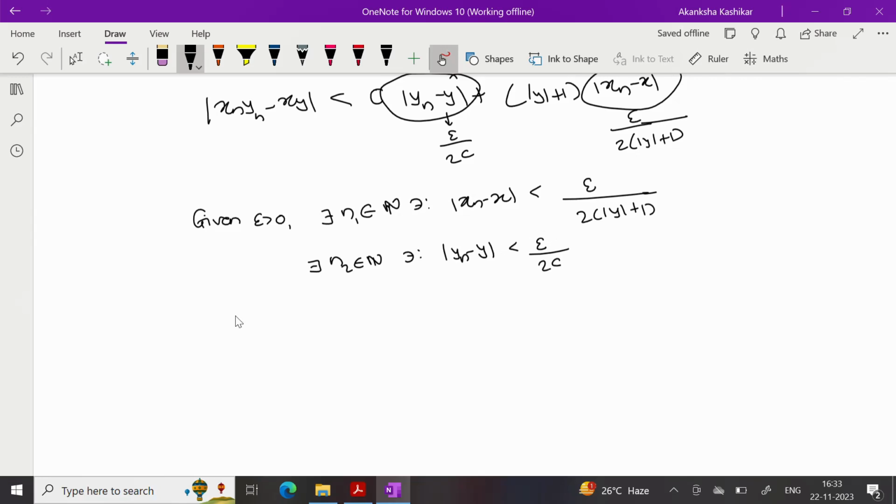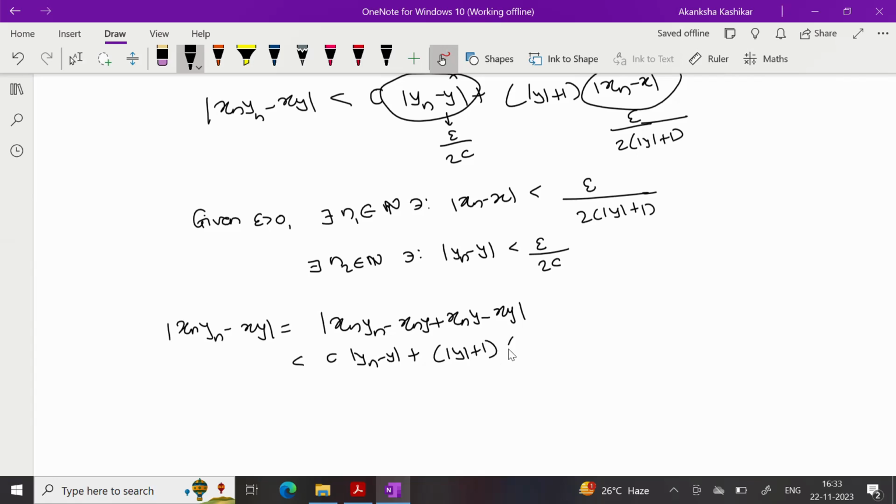Okay, so now I will write the earlier thing. So xn yn minus xy we will write as xn yn minus xn y plus xn y minus xy. Then we will write all the in-between steps and we will finally get this less than c mod yn minus y plus mod y plus 1 into mod xn minus x.